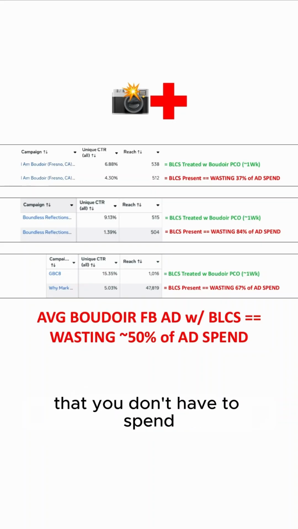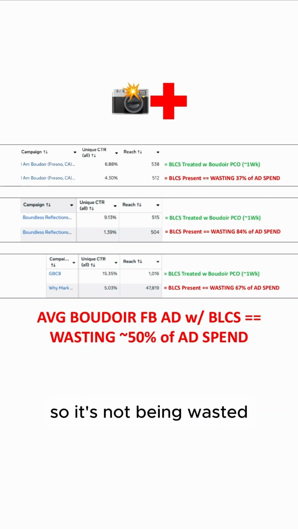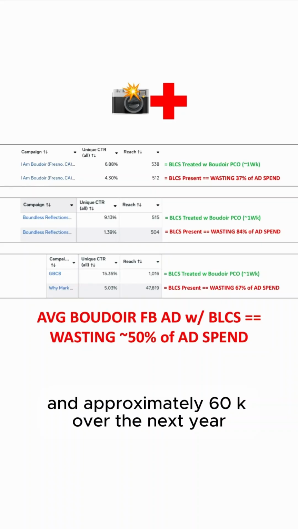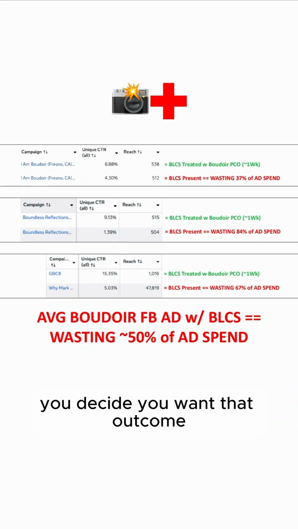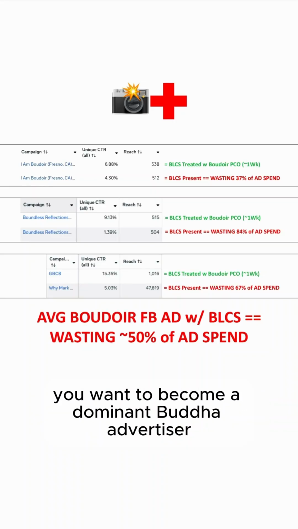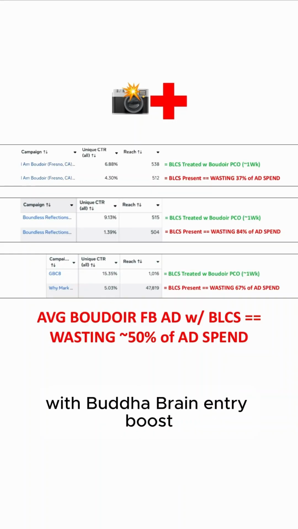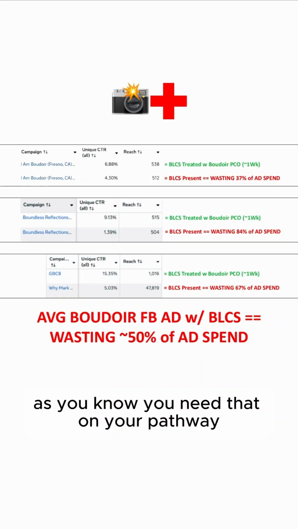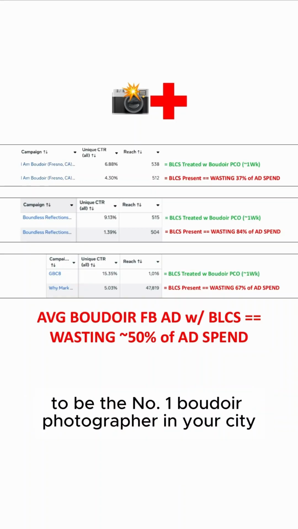Put that back in your pocket, so it's not being wasted, and approximately 60K over the next year. You decide you want that outcome, and you want to achieve pre-click alignment. You want to become a dominant boudoir advertiser with Boudoir Brain Entry Boost. As you know, you need that on your pathway to be the number one boudoir photographer in your city.